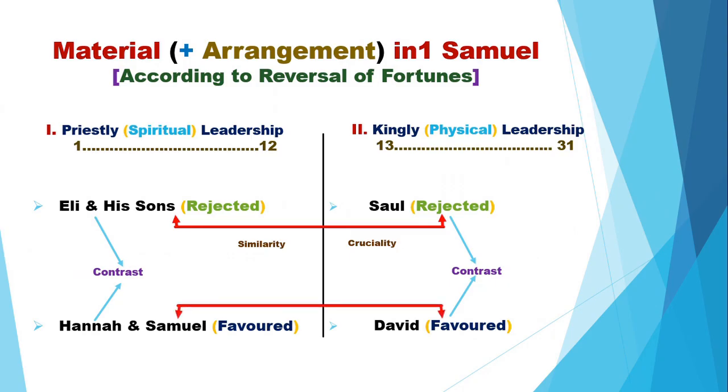Then for Hannah and Samuel, there's a similarity also with David, in that their beginnings were humble, yet their trajectory went upwards. Okay, and then we have the pattern of climax in both Hannah and Samuel and David, and that is they are going towards a high point of culmination.